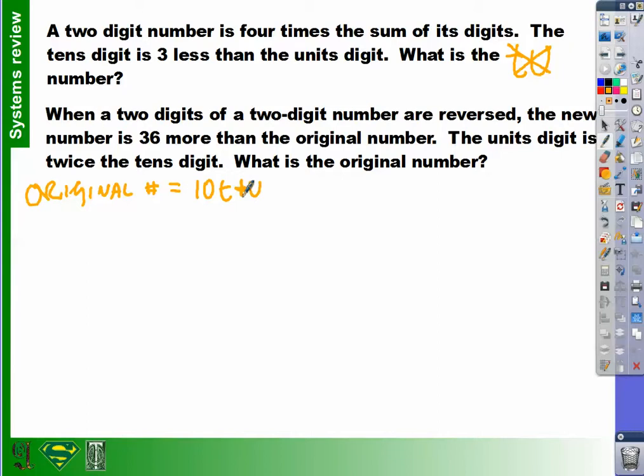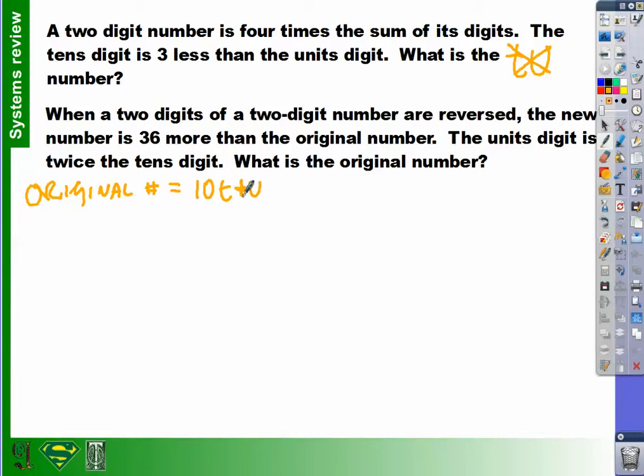If you remember that little piece of math magic, you're going to be fine. All right, so let's read the problem. When the 2 digits of a 2-digit number are reversed, the new number is 36 more than the original number. The units digit is twice the tens digit. What is the original number?